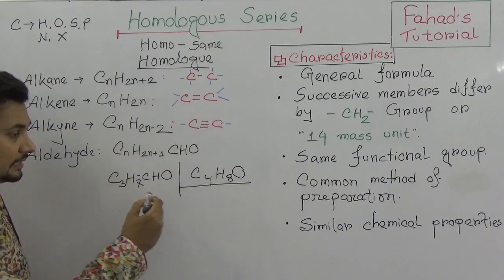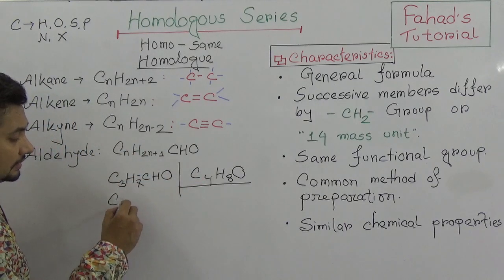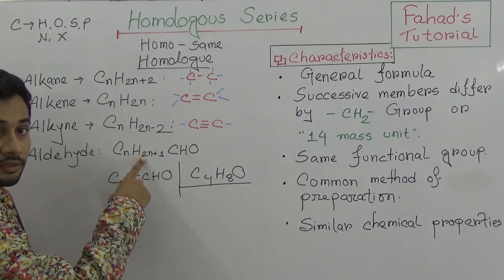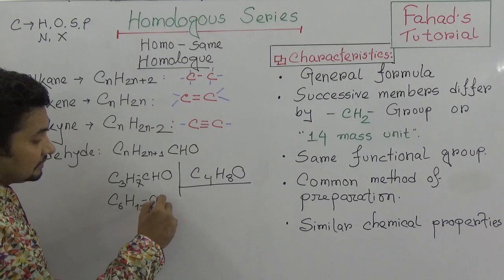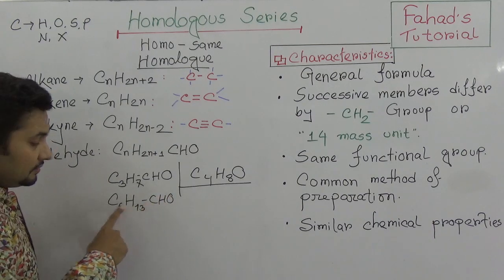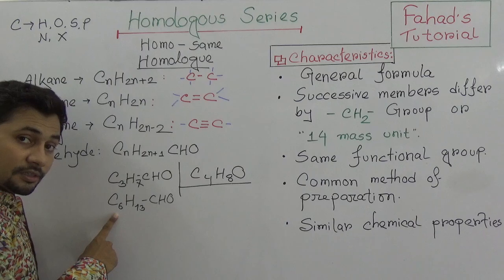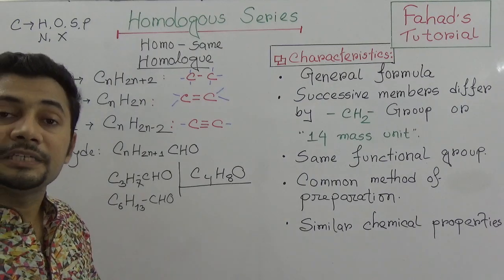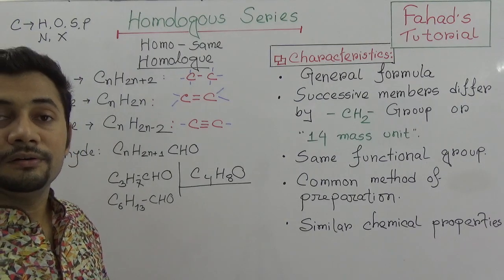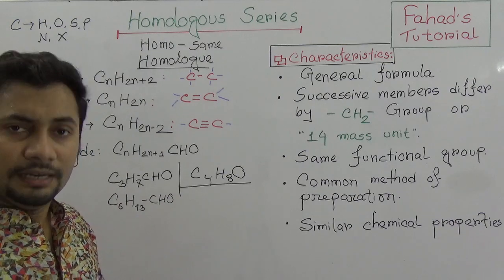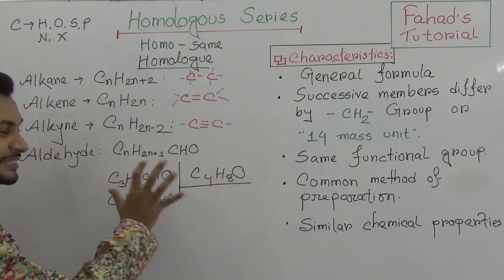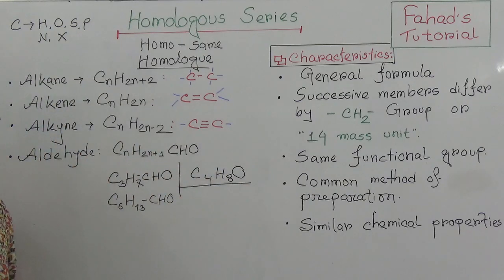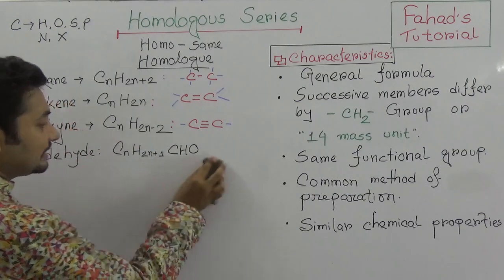And simply we can say that C6H, 6 times 2 is 12 plus 1 is 13 CHO. So altogether there is 7 carbon, so that should be heptyl aldehyde or heptanol. I'll come up with the functional group names, but before going to digging up that, I'm just giving you a simple idea. So the aldehyde is CHO.